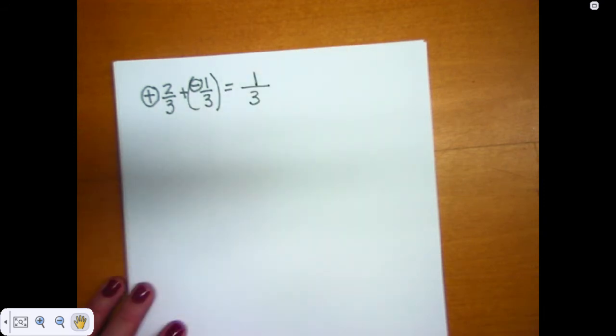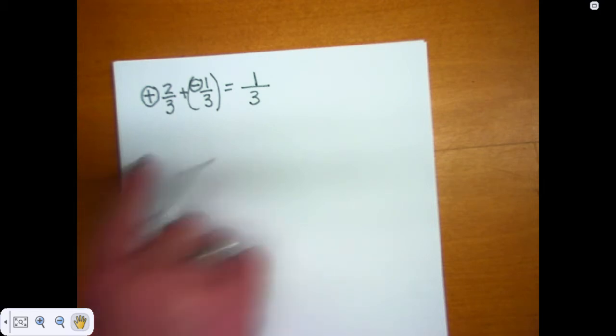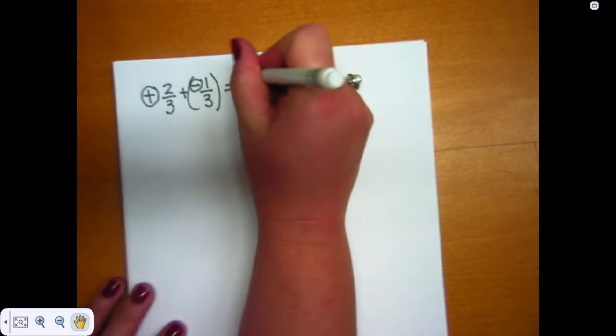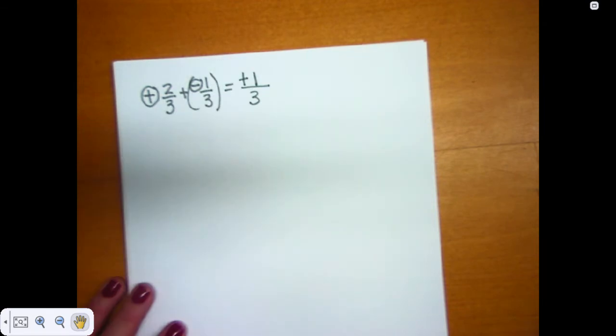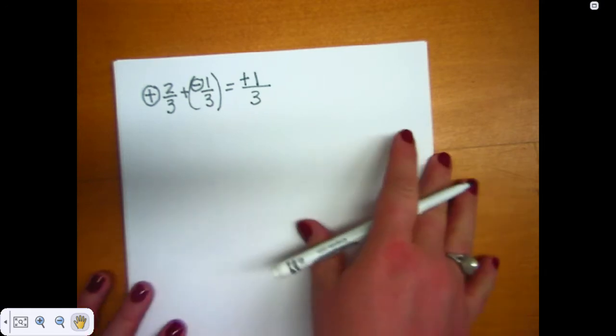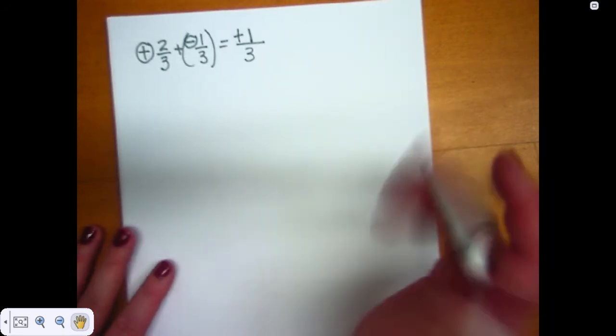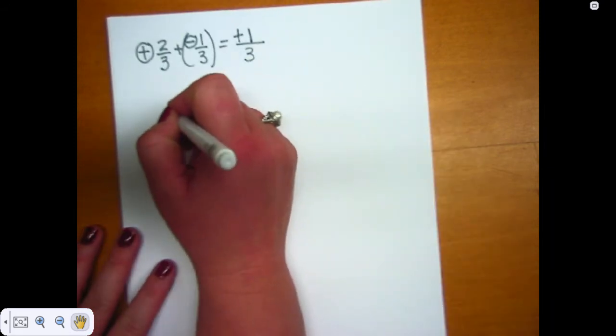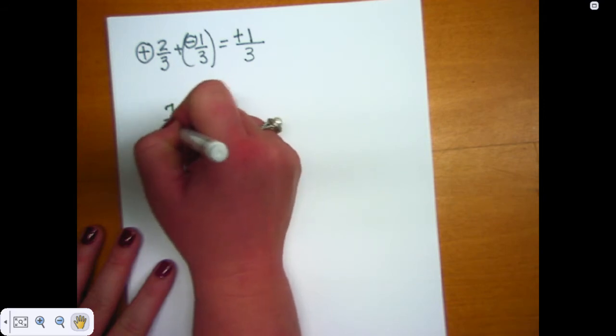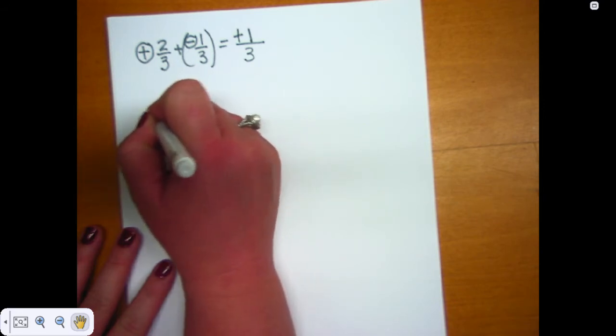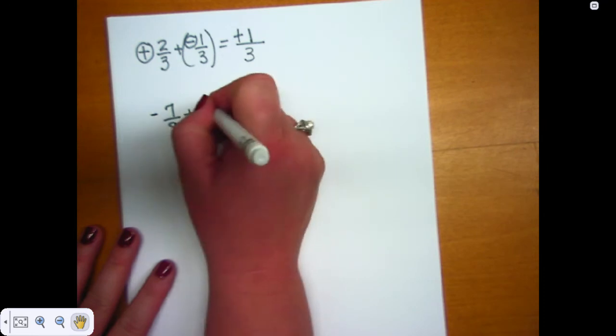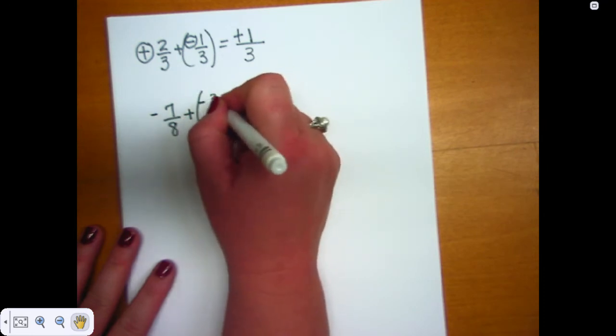And again, keep the sign of your largest absolute value, which is 2/3, which means my answer is going to be positive. Don't forget to use those rules, and don't forget to make sure your denominators are the same. Let's try another one. This time, let's make it negative 7/8 plus negative 3/8.